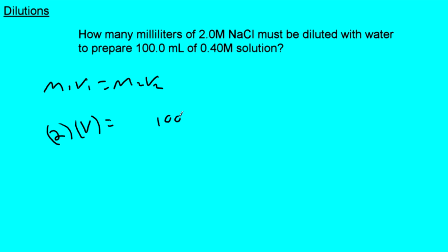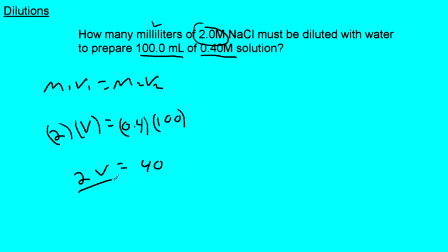There's our second volume of a 0.4 big M solution. So again, this 100 is going to go with the 0.4, as I did over on this side, and the how many, the X, or volume here, is going to go with the 2, which I did here. Now all we have to do is solve for our unknown. So let's just clean this up a little bit. This will become 40. 2V equals 40, divided by 2.